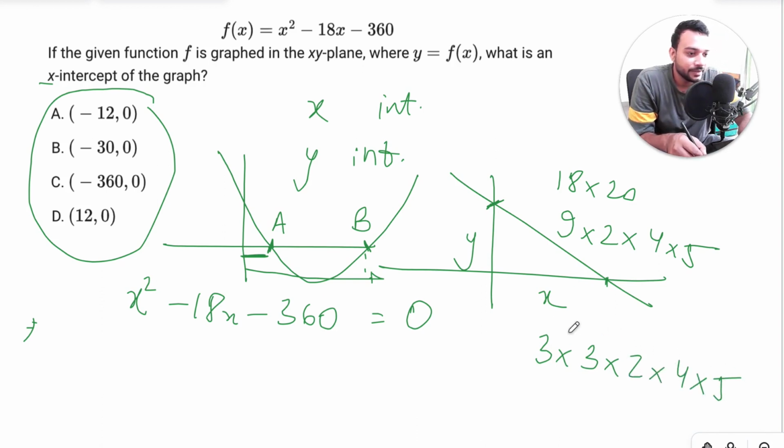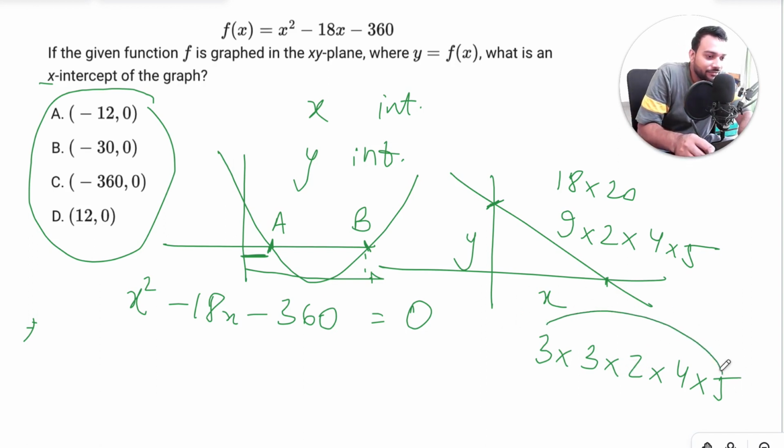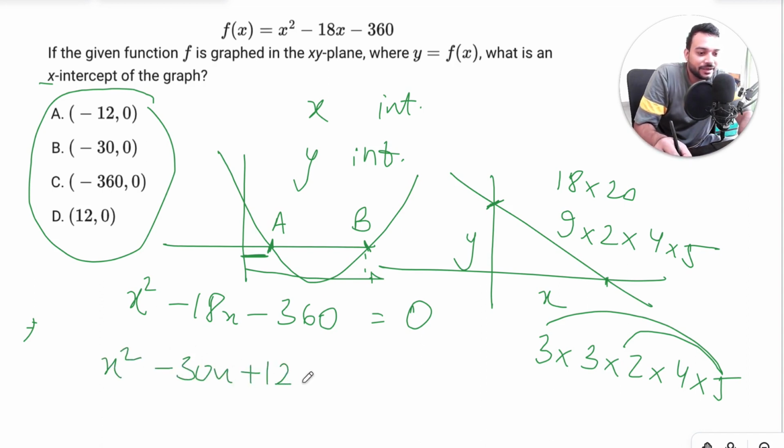Combining 3 times 5 is 15, times 2 is 30, and 3 times 4 is 12. So 30 and 12: x squared minus 30x plus 12x.